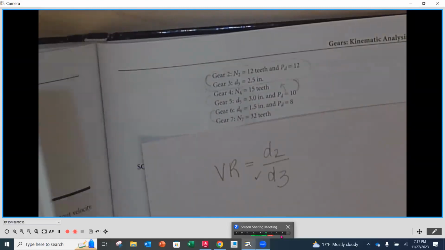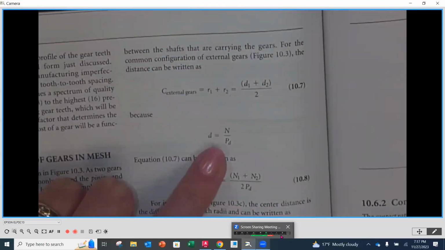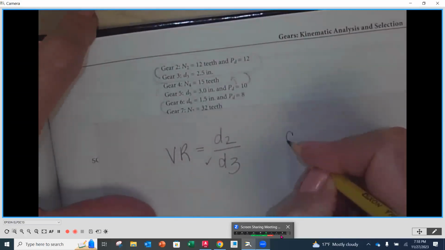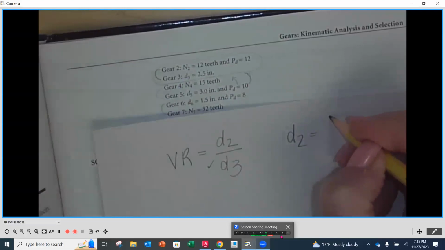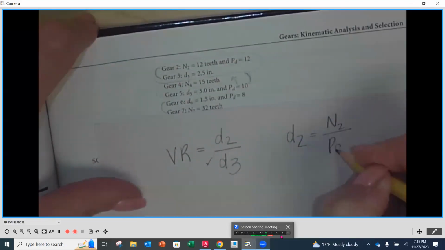It's way at the beginning, on page 268, and here is our equation. Pitch diameter is equal to the number of teeth divided by the diametral pitch. So D2 is going to be equal to the number of teeth divided by the diametral pitch of that gear.